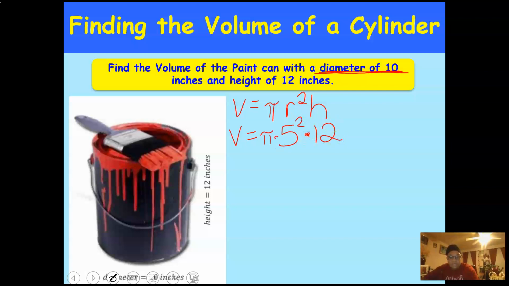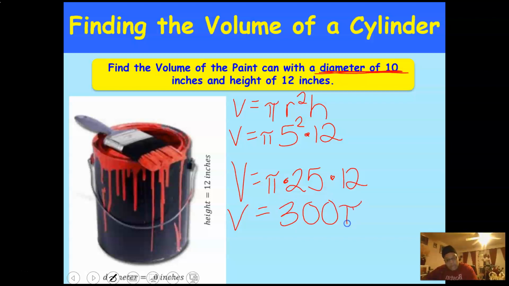And once again, this is all multiplication. So V equals pi times 5 squared, which is 25, times 12. 25 times 12 is 300.